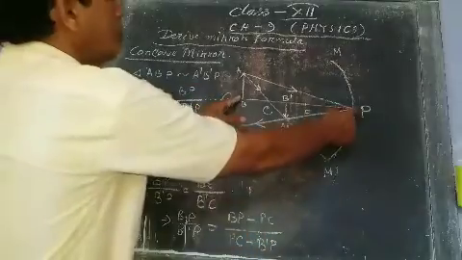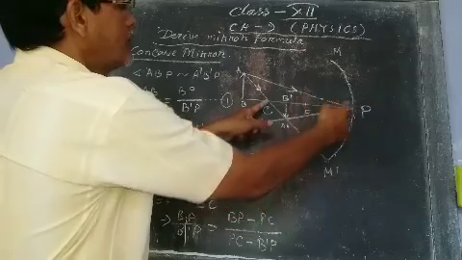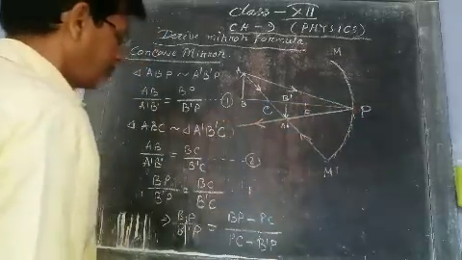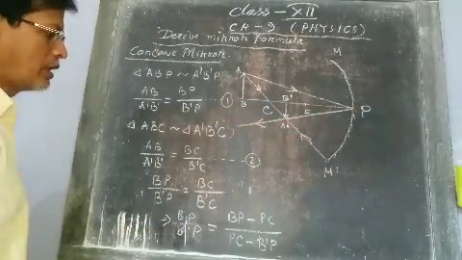BC equals this minus this, B dash C means this minus this. So all are related to P.